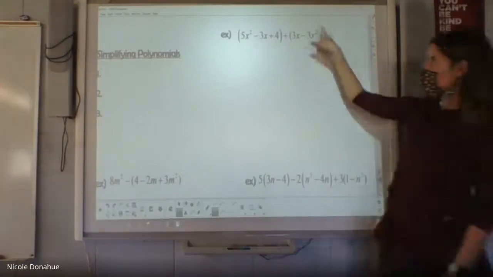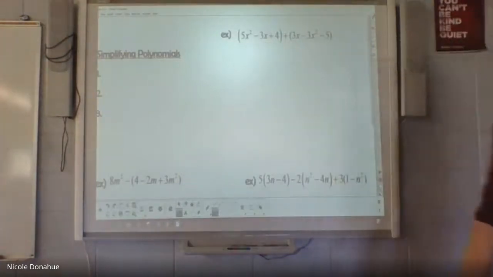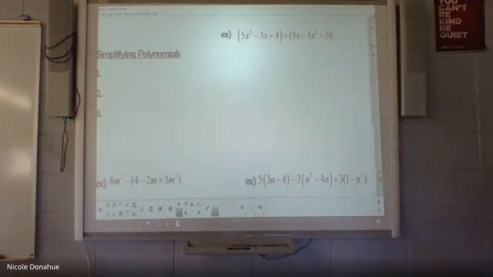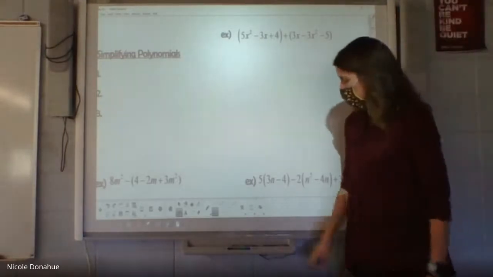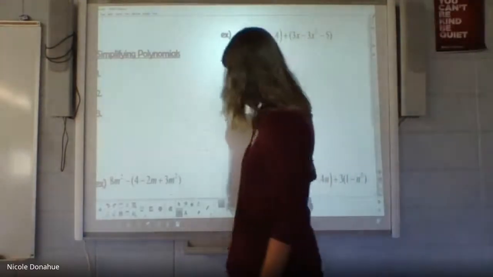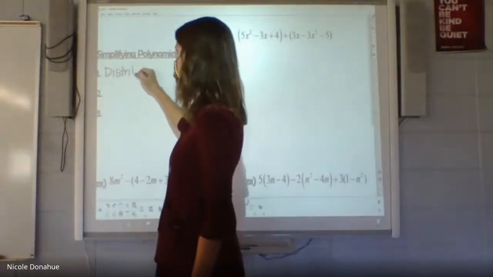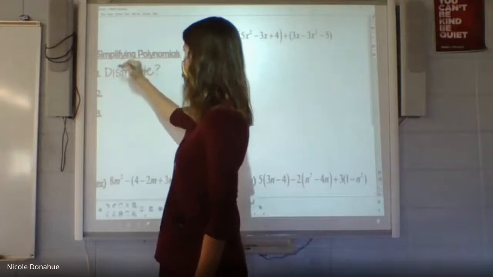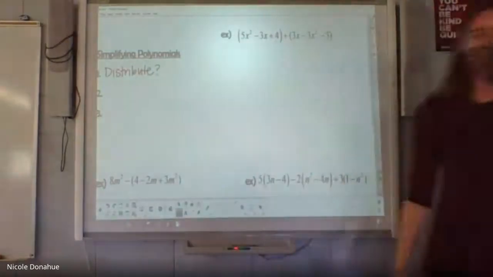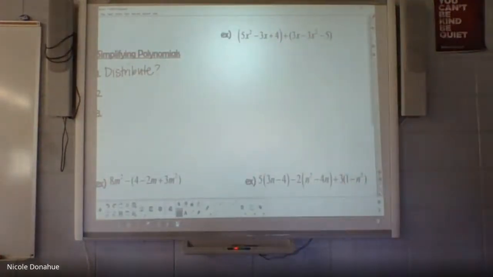So in a problem like this, it's asking us to add them. Don't let the parentheses scare you. The parentheses are just grouping them together. In this case, they're really not even all that necessary. So you might need to distribute first.